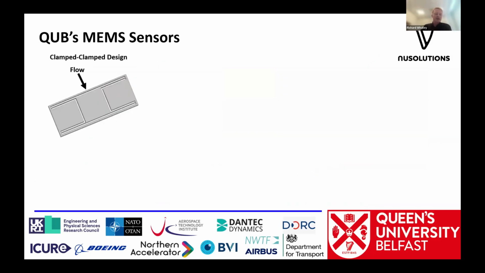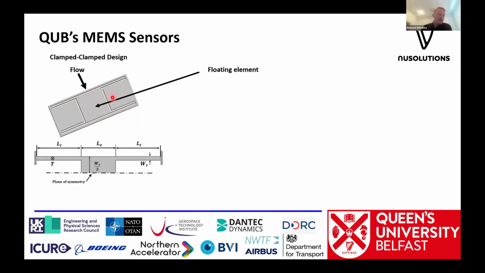So how do these things work? Well, if we take a zoomed in view of our sensor, one sensor type is what we call a clamped design. And so here we have a floating element. And so typically this element here is a few hundred microns by a few hundred microns, and it's suspended by these 4 microsprings. And so as the flow goes over, we have some stress or some force on this floating element, and it's free to move back and forwards in plane along the surface.